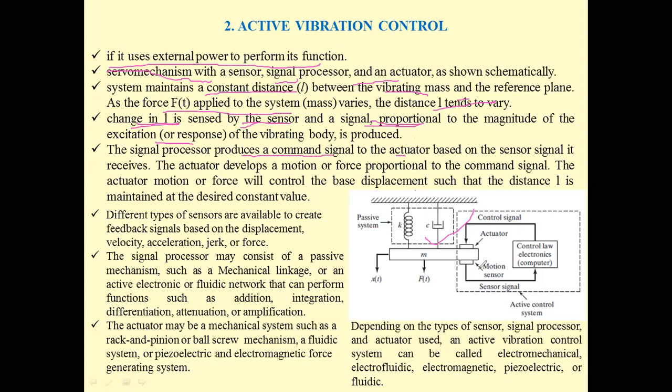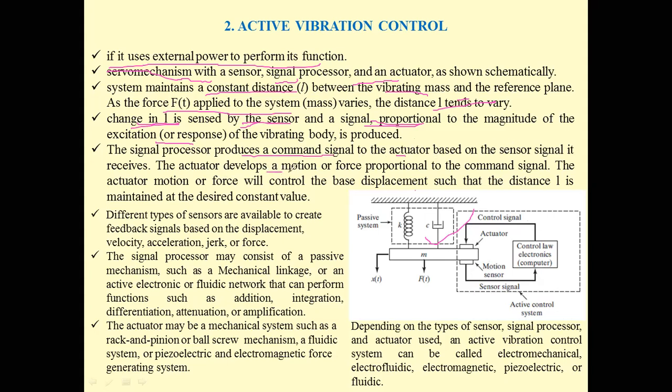This sensor sends the signal to the controller, and the controller sends the control signal to the actuator, and it controls the vibration. So the signal processor produces a command signal to the actuator based on the sensor signal it receives.